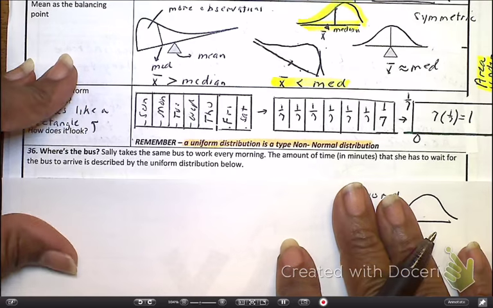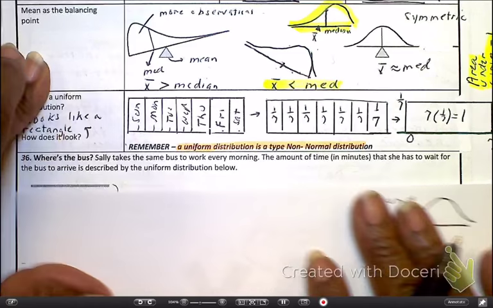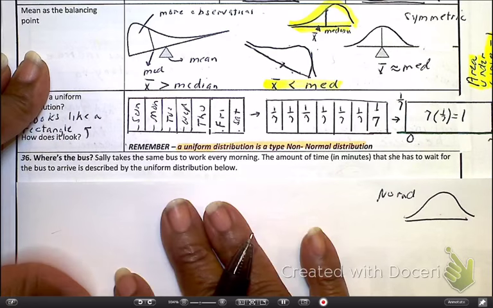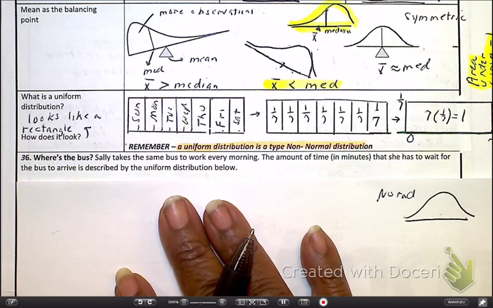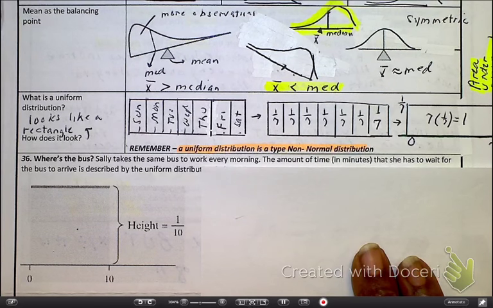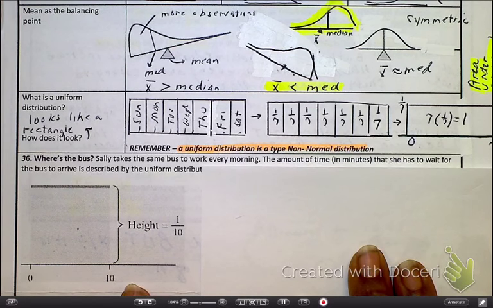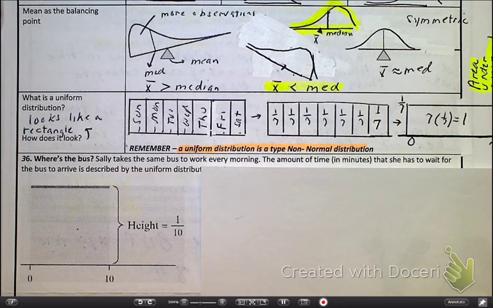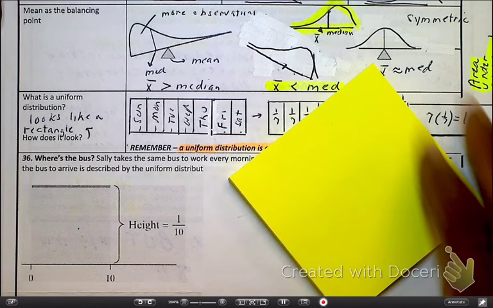Okay, now let's go ahead and read number 36 and answer that question. They asked us to explain why this curve satisfies the two requirements. As I look at the first requirement that really no one pays attention to, it can't just be sitting like that.